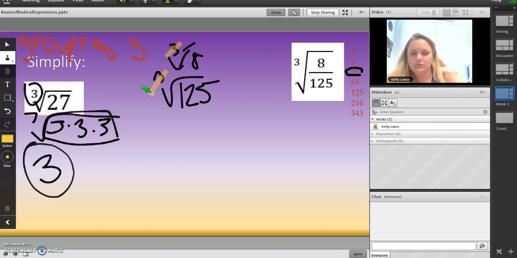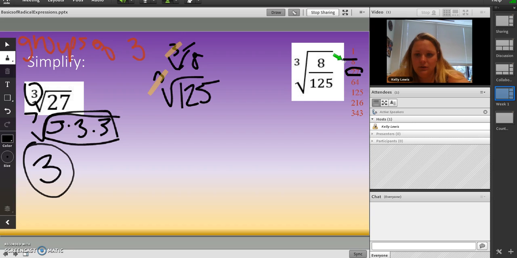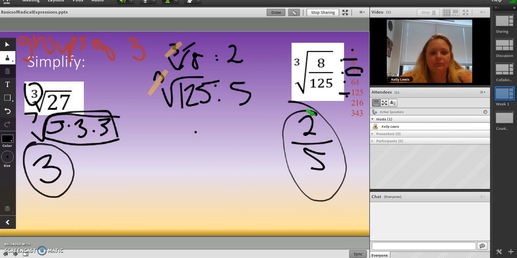Cubed root of 8 is 2. So cubed root of 8, it's right here, and 125 is right there. Cubed root of 8 is 2 times 2 times 2, and then cubed root of 125 is 5. It works the same way, except now we're doing cubes, not squares.